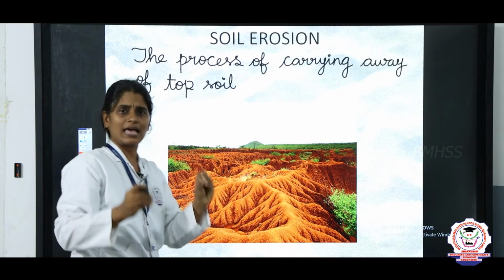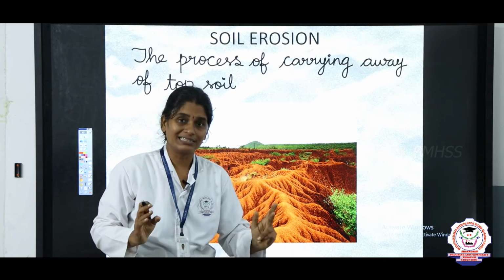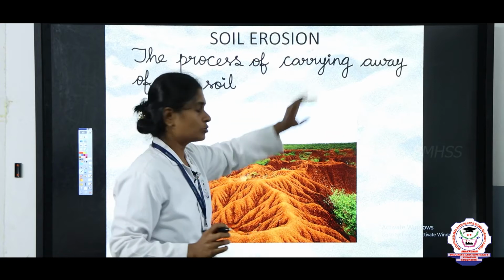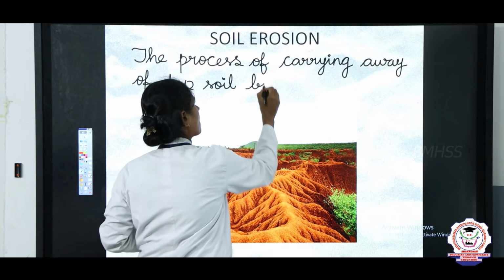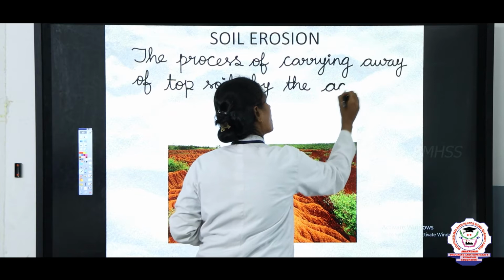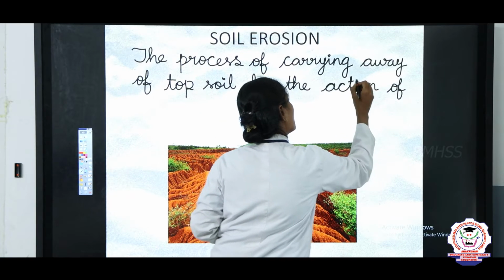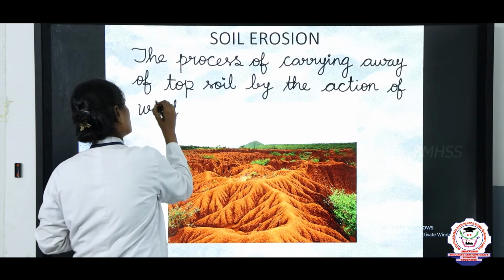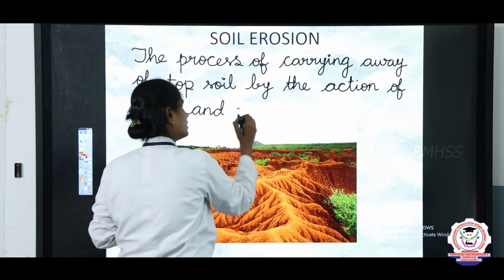So usually how does this happen? This happens because of strong winds and water and even by human activities. So the process of carrying away of topsoil by the action of wind and water is called soil erosion.